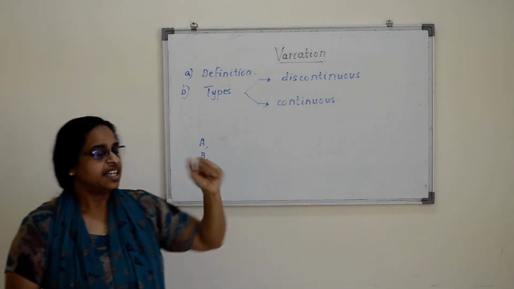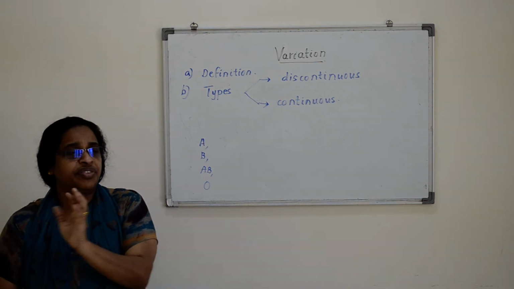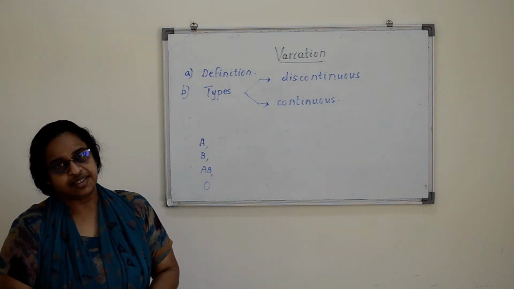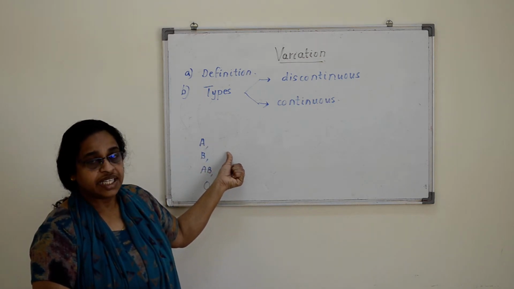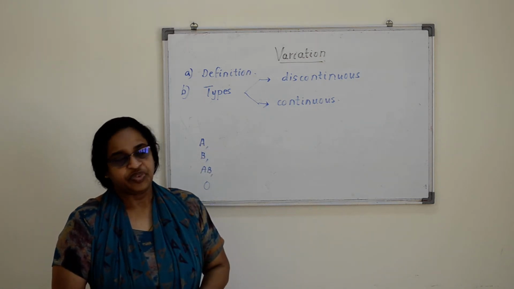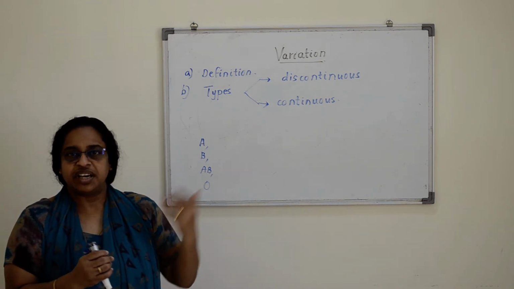So once again, discontinuous variation means we can see only a limited number of differences in the individuals. And that is caused by genes only. You know that all the characters are because of genes. Last chapter we learned about that.